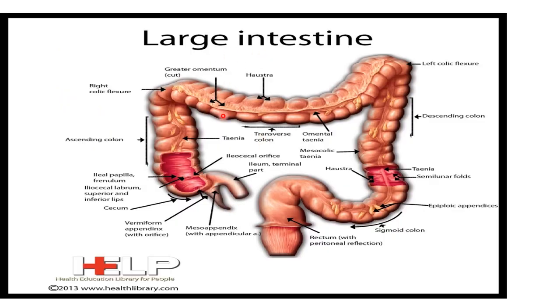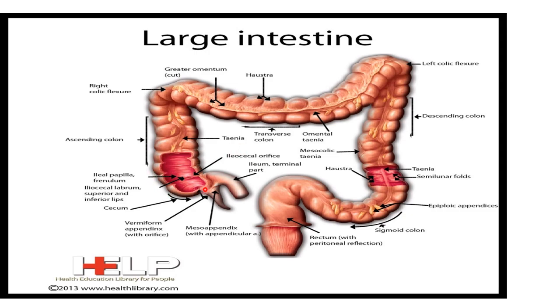Next, the large intestine. Here is the ileum portion of the small intestine, which opens into the cecum part of the large intestine through the ileocecal valve. The large intestine consists of the cecum region, then the colon region, and the rectum region.